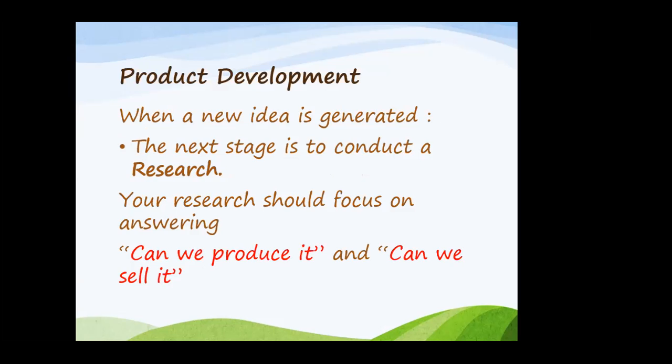Now, when a new product idea is generated, the next stage is to conduct your research. Your research should focus on answering the questions: can we produce it and can we sell it? If your feasibility research finds that the idea is worthwhile pursuing, the product development process will begin.